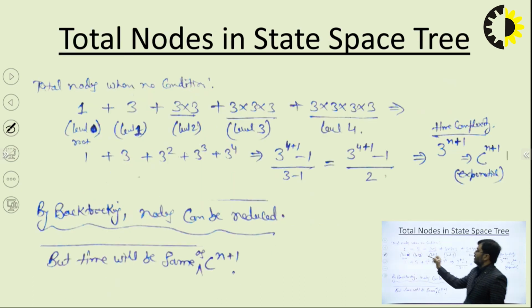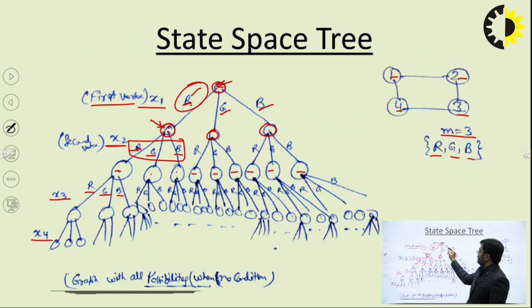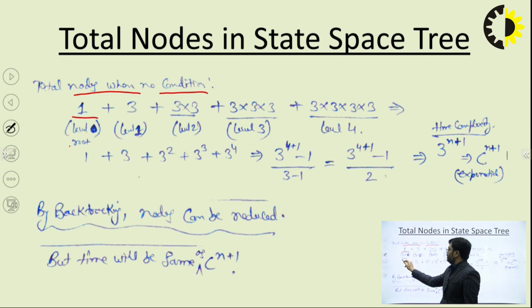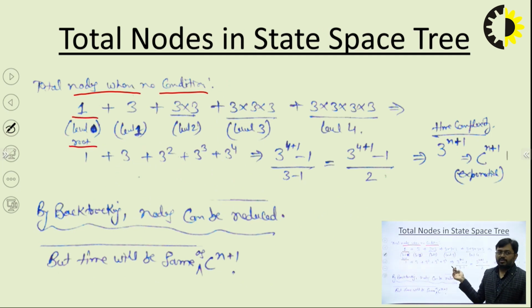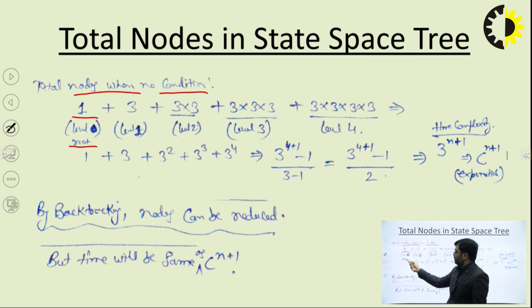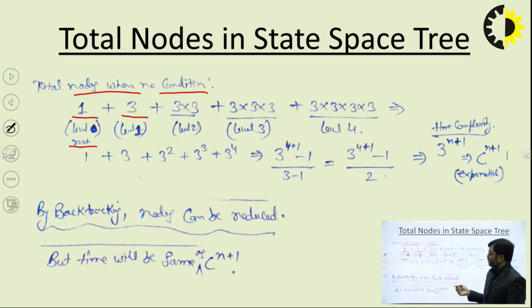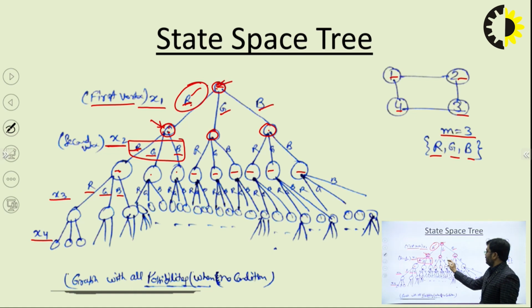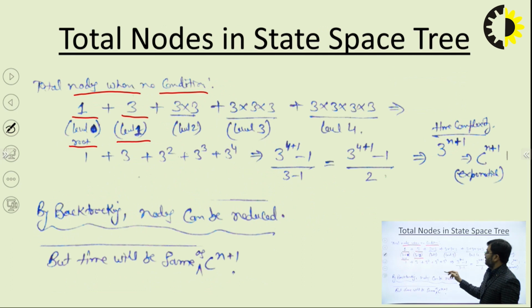It means, what will be the total number of nodes when no condition is given? This is the root node, where we do not have any decision. This is level 0, which means the root, and one node was there. For taking the decision for vertex number 1, we come to level number 1. Then we have 3 nodes at level number 1.